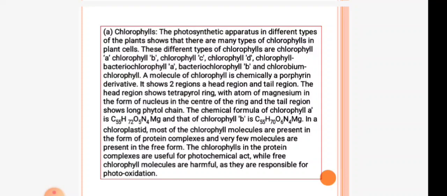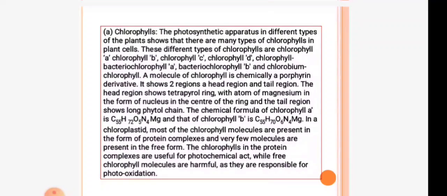A molecule of chlorophyll is chemically a porphyrin derivative. It shows two regions, the head region and the tail region. The head region shows a tetrapyrrole ring with an atom of magnesium as the nucleus in the center of the ring, and the tail region shows a phytol chain.